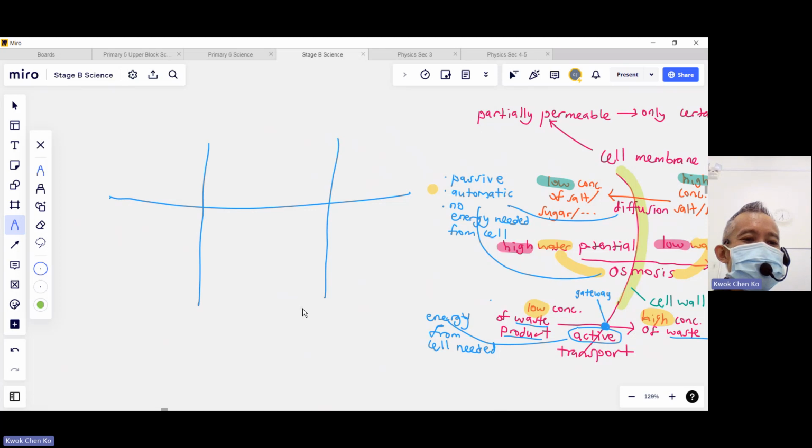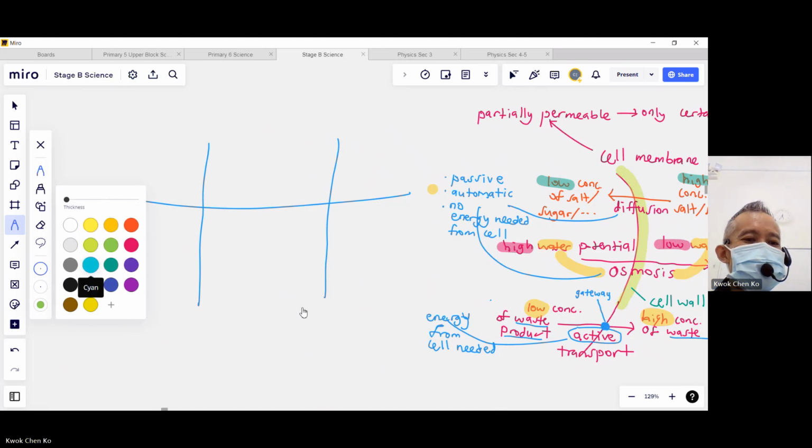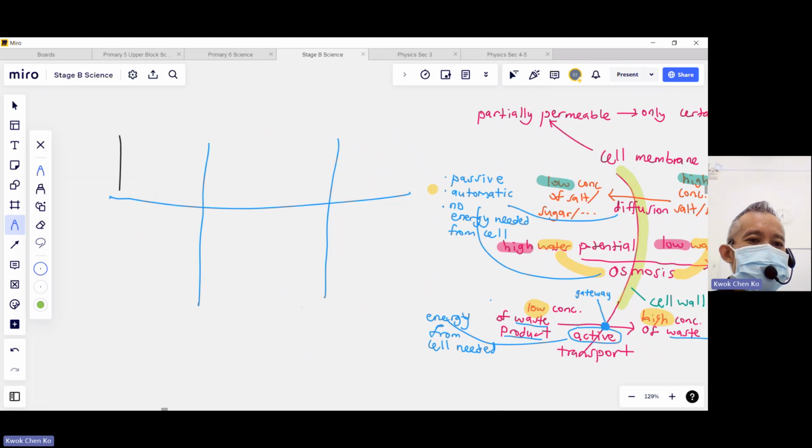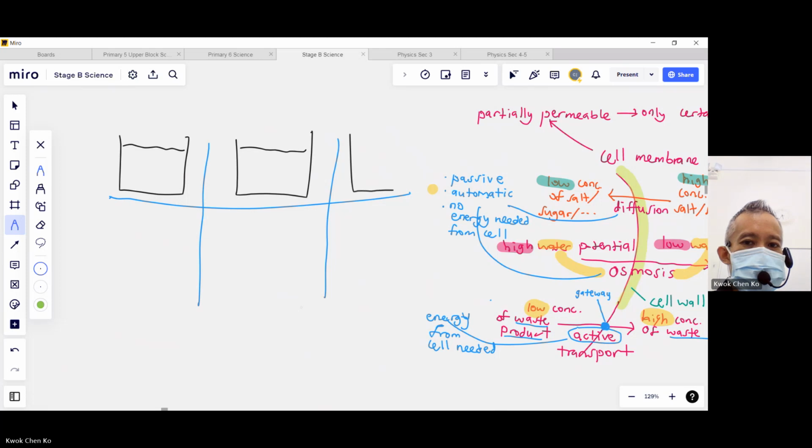Imagine I have a solution here, a beaker. 3 beakers. So this is, let's say, pure water. This is salt water.